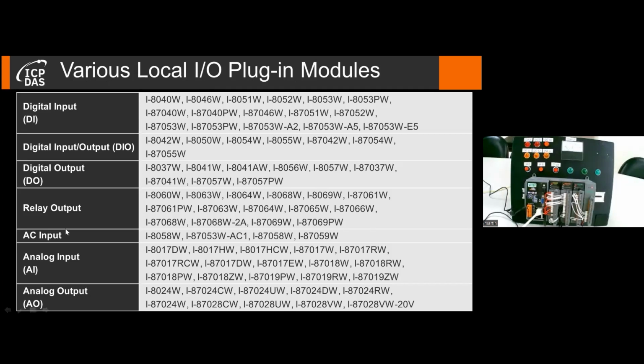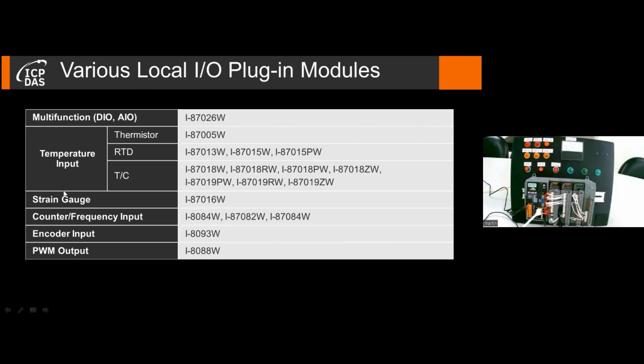Modules are available for example for voltage and current measurement, strain gauge, temperature measurement, thermocouple and RTDs, etc. So the Win-GRAF series with the I/O expansion slots is very flexible and can be easily adapted to the requirements of your industrial application.